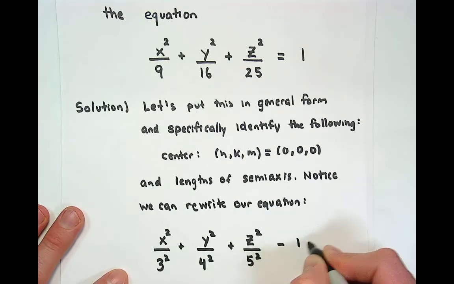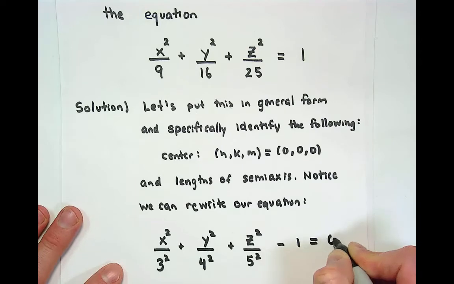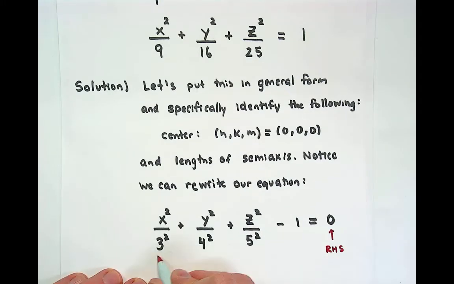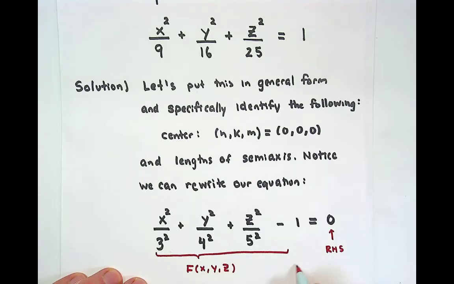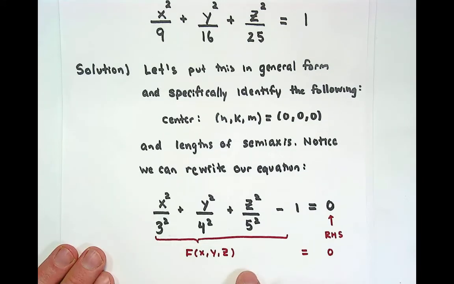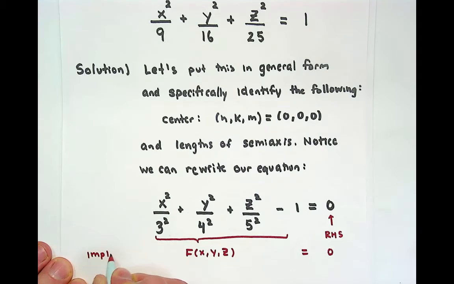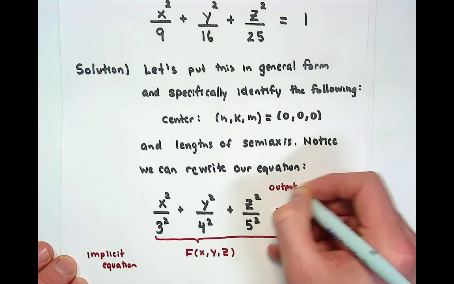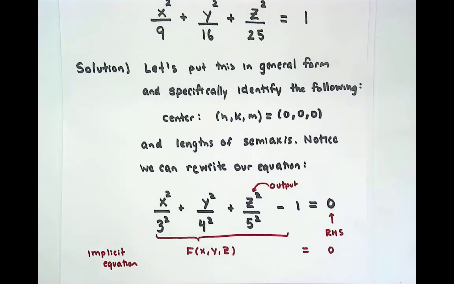And maybe we want to put this into the general form of an implicit equation where the right-hand side is equal to 0 and the left-hand side is an expression just in terms of x, y, and z, which we would call f of x, y, and z. The reason that we might do that is that then we get a specific reference to the idea that this is an implicit equation, where the output variable z is not written in terms of the two inputs explicitly.